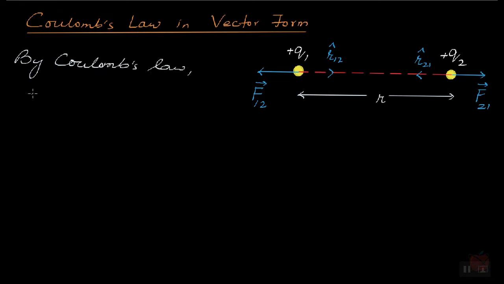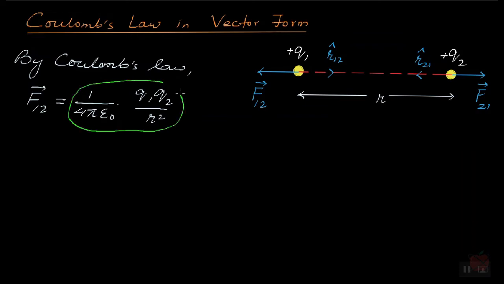you have F12 equal to 1 by 4 pi epsilon naught Q1 Q2 by R square. But now I've written this force in vector form. So this is the magnitude part.